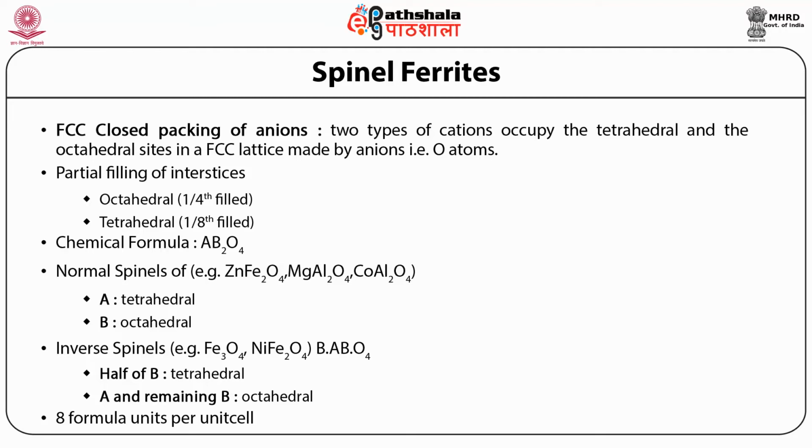The example of normal spinel is zinc ferrite, that is ZnFe2O4, which we have already discussed. In these compounds all the A atoms occupy tetrahedral sites, that is 1/8 occupancy, while all B atoms occupy octahedral sites, that is 1/4 occupancy.